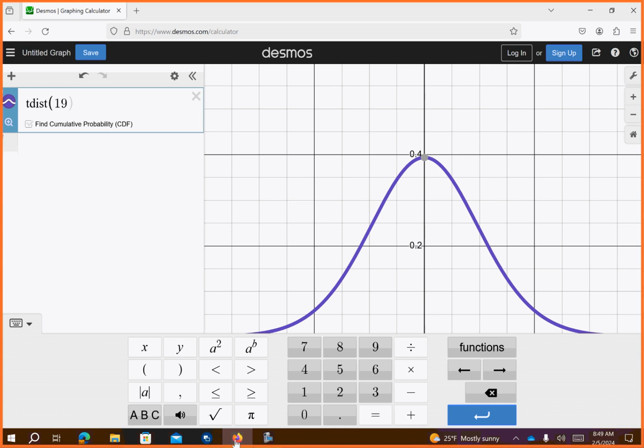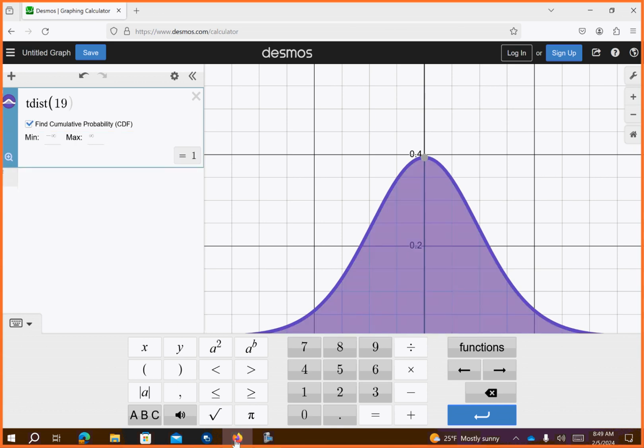Now we could find the probability underneath here, which right now is 100% of the population. What we want is to get to 0.995. So you could go in here and ask, what happens if I plug in values? Like if I said 2, that's pretty close, we're at 0.96.